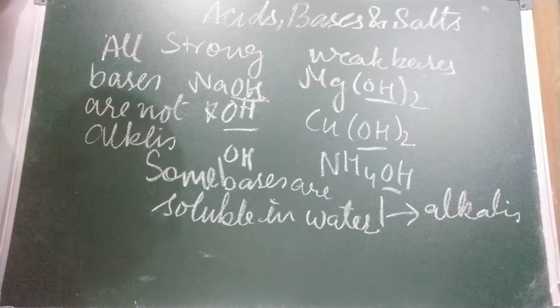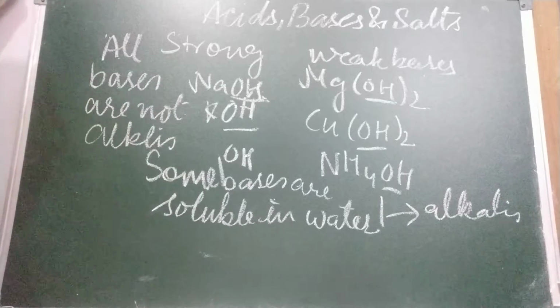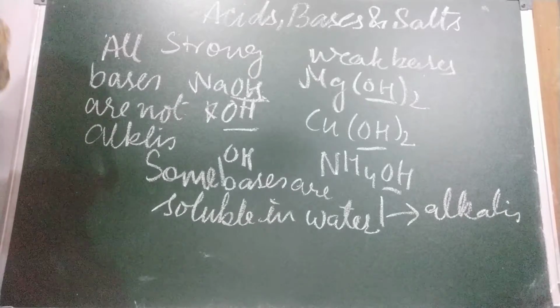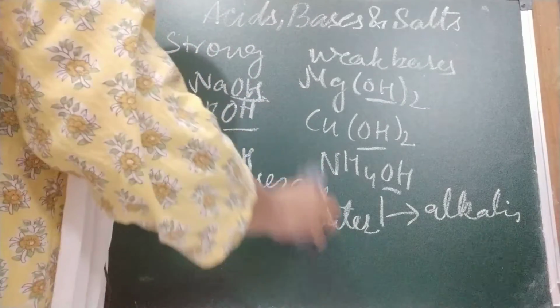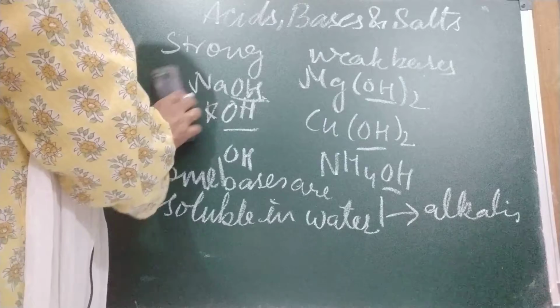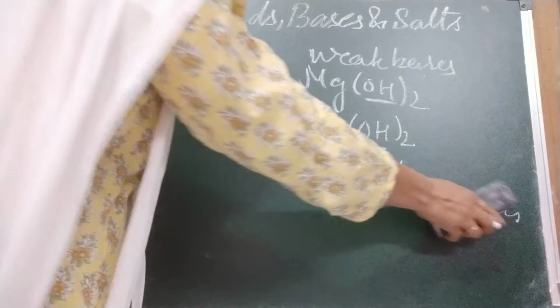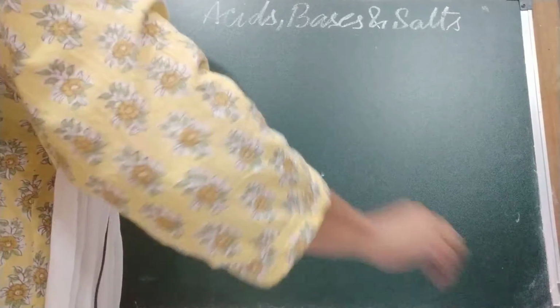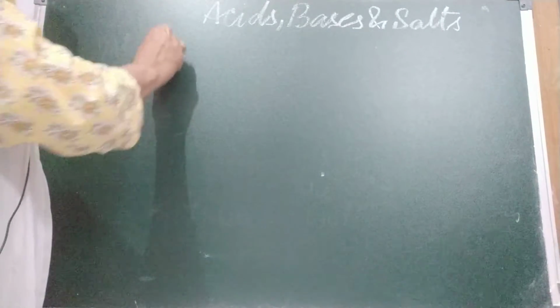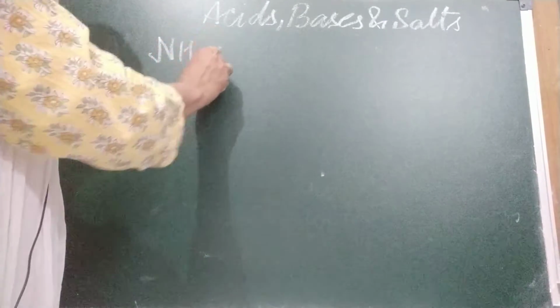Now children, their reaction with acid I told you. Neutralization reaction. Already I told you neutralization reaction. One or two more reactions I am going to tell you. When bases react with acid, like I have taken the base NH4OH.